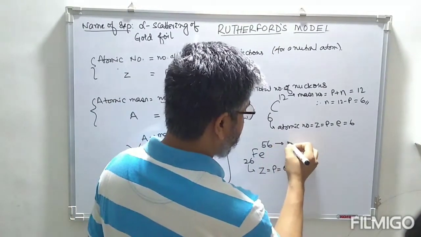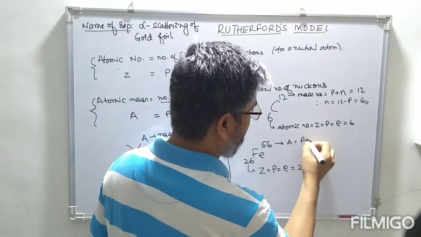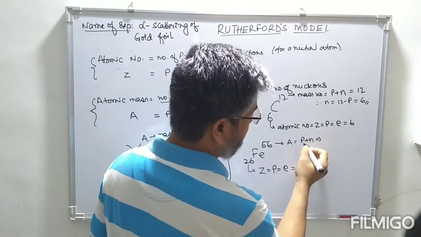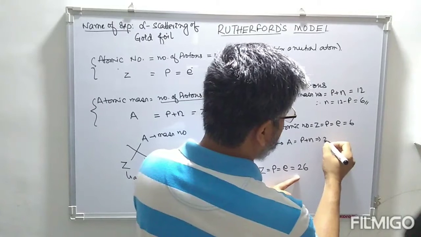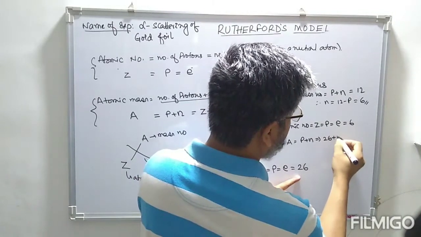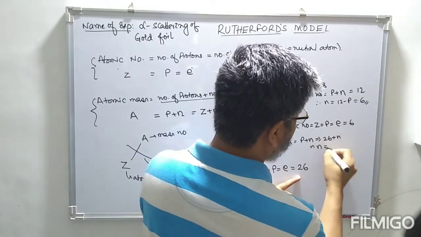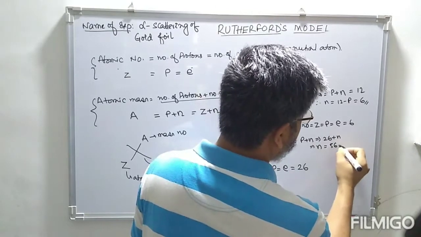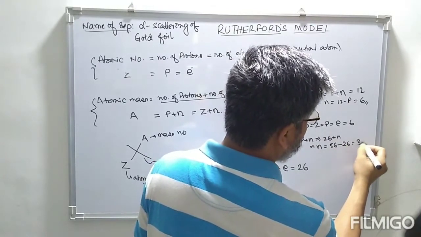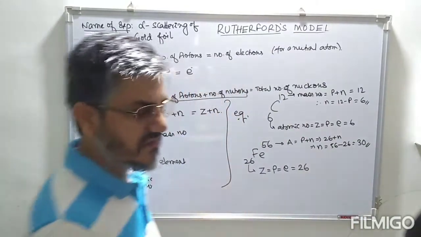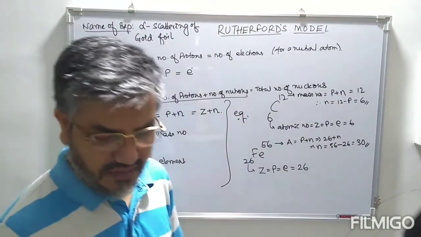The 56, that is the mass number, is equal to protons plus neutrons. Now the number of protons is 26 plus neutrons. So therefore the number of neutrons is 56 minus 26, that is 30. So this is for neutral atoms.